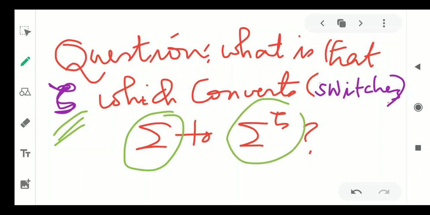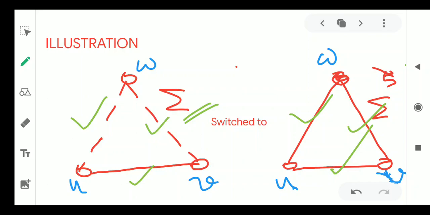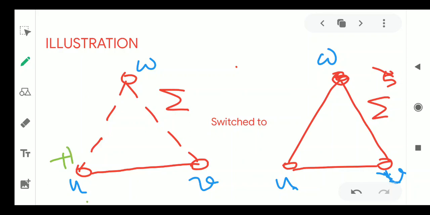Let us go to the picture once again and let me put some values. Zeta is a function from the vertex set to {1, -1}. So I will be putting plus 1 here; zeta of U is 1.